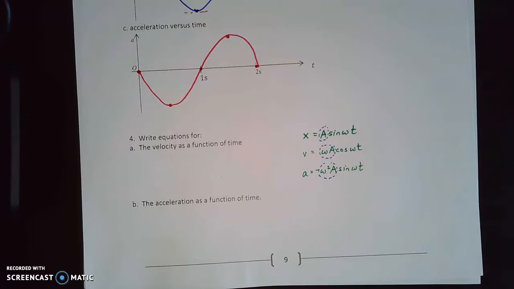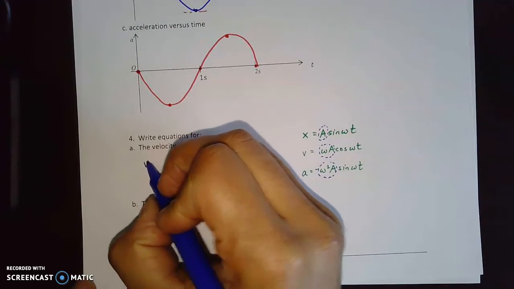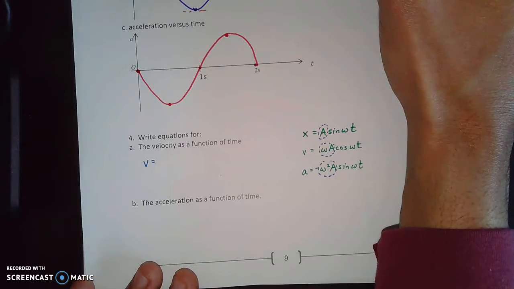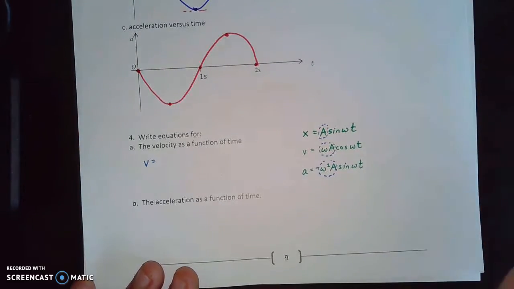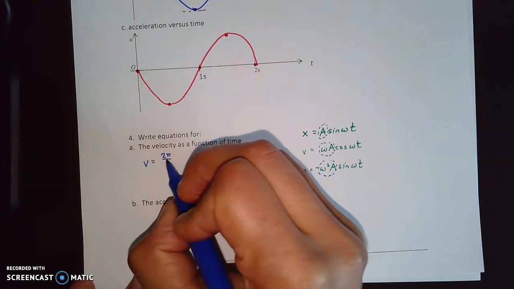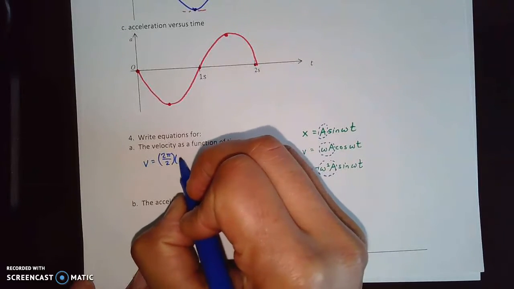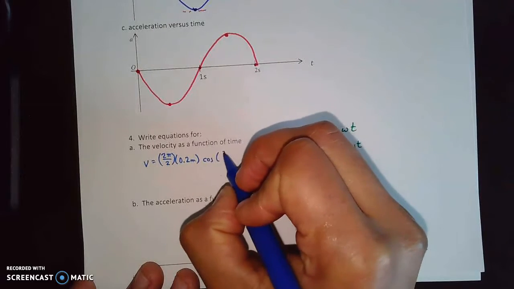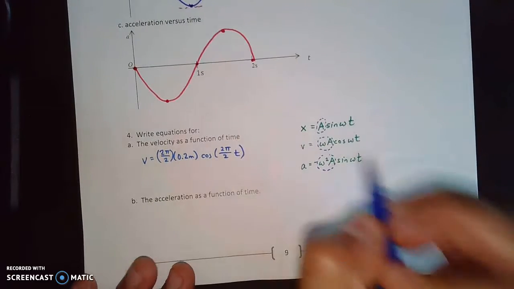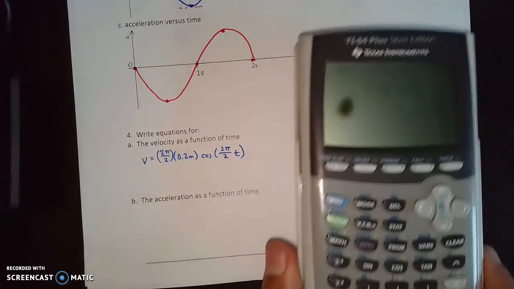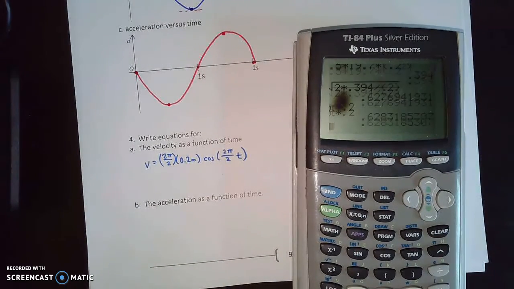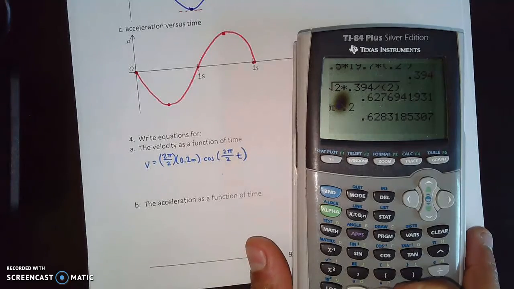So when I'm writing out my velocity versus time equation, my velocity equals 2 pi over 2 times 0.2 times the cosine of 2 pi over 2 times t. There's a way to simplify that. Essentially take pi times 0.2 and get 0.628.